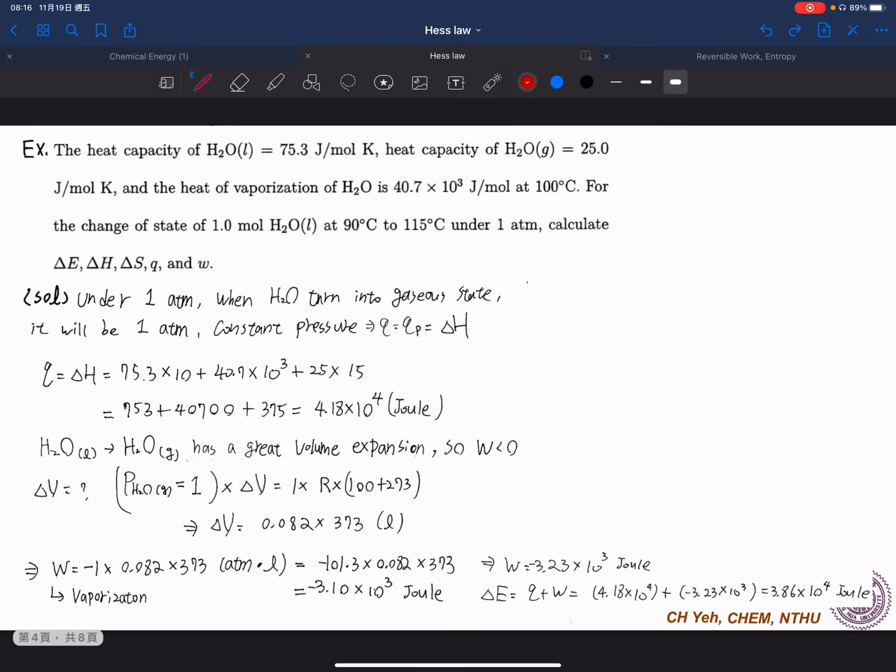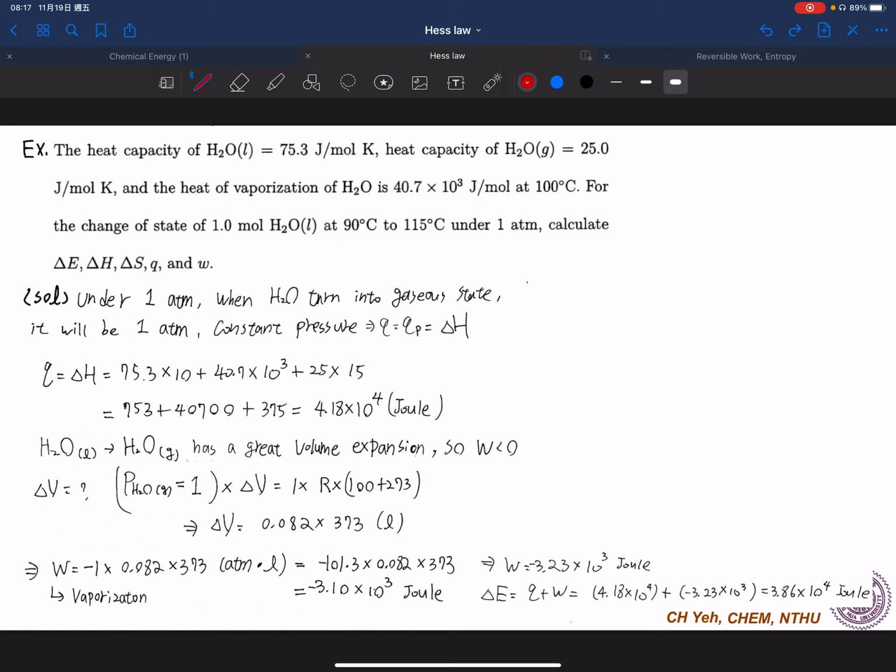Okay, another question. When there's a phase transformation, like liquid vaporizing into the gaseous state, the important part is that there should be a phase transformation heat. Let's take a look at this problem.